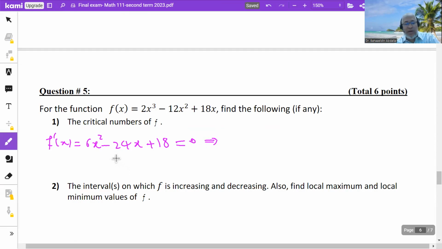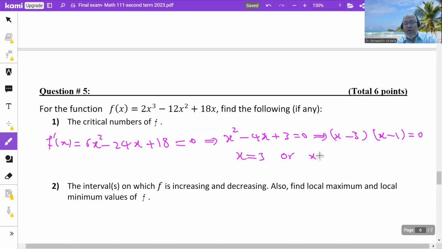You can solve it by the calculator. Also, if you divide by 6, I'll have x squared minus 4x plus 3, and I can factor easily. So (x minus 3) times (x minus 1) is 0. So x is 3 or x is 1. So the critical numbers are 3 and 1. These are the critical numbers.